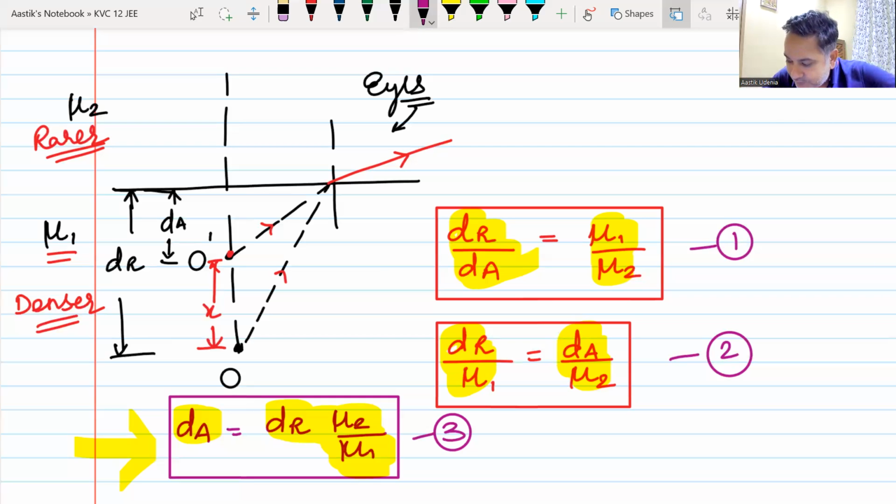This mu relative will be equal to refractive index of first medium divided by refractive index of the second medium. Do we understand this? So this becomes your x, which is the shift. And what I was telling you, beta, is that this concept is same as what we had done in the case of that normal shift.